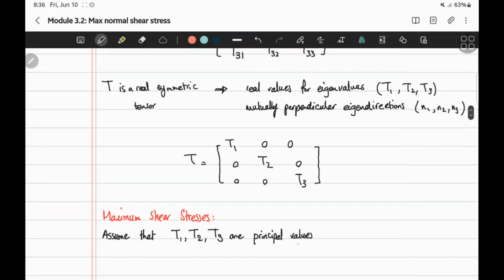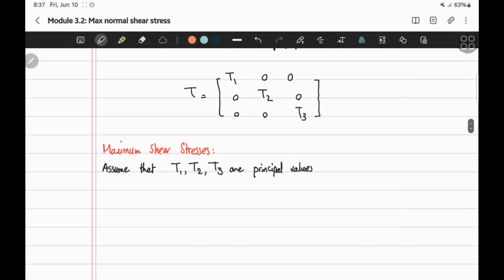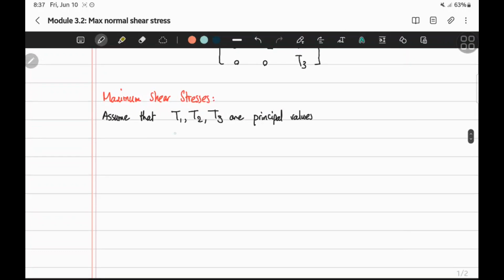These are the same terminology. So maybe I change this to principal values, and these are principal directions. And also E1, E2, and E3 are principal directions.